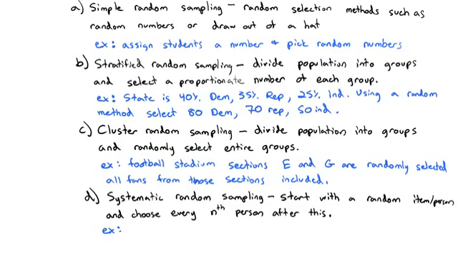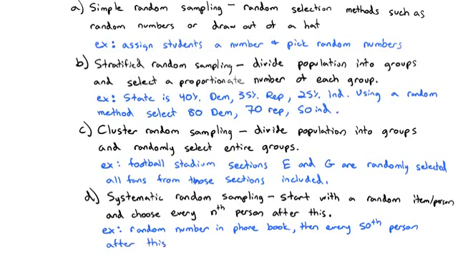An example of this might be if I pick a random number in the phone book, and then I choose every 50th person after this until I circle back to the beginning.